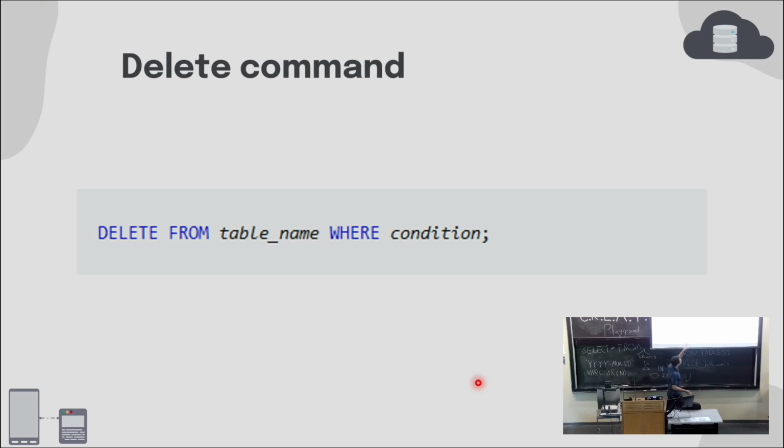Delete from, you give it the table name, and then you give it a condition of which records to delete, and it deletes them. So I'll give you time to just delete one record and see if it's been deleted. My suggestion, if you're doing it with the sample data, remove the first row and then select star with limit so you can see it getting removed. I'll give you 2 minutes for it.